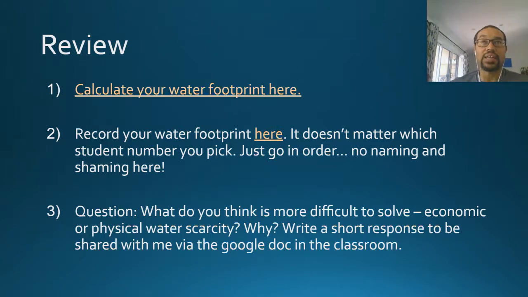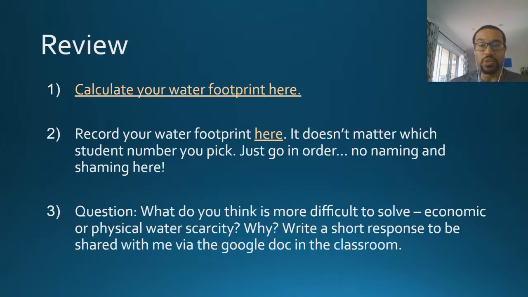Either there isn't as much water available to meet demand, so the supply does not meet demand for any number of possible reasons, or supply might meet demand, but because of poverty and the inequitable distribution and pricing of that water, it's harder for people in poor conditions to access it.